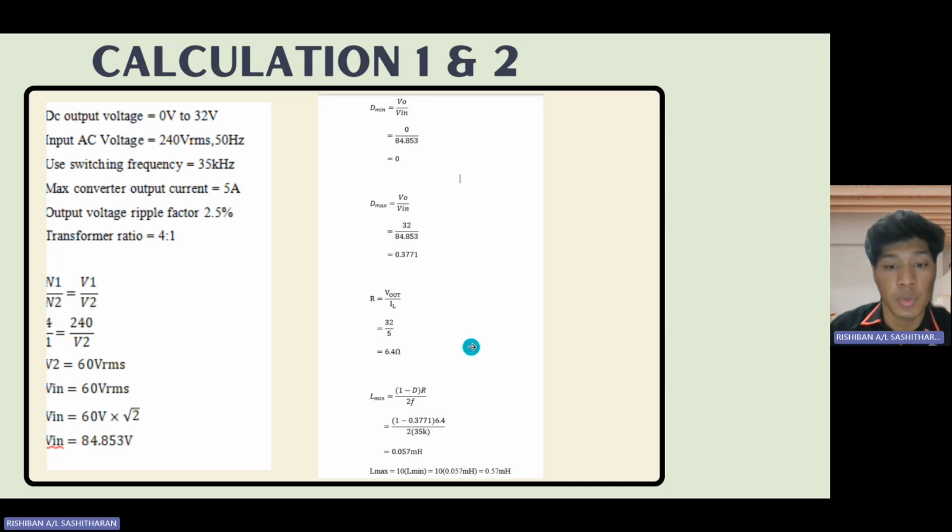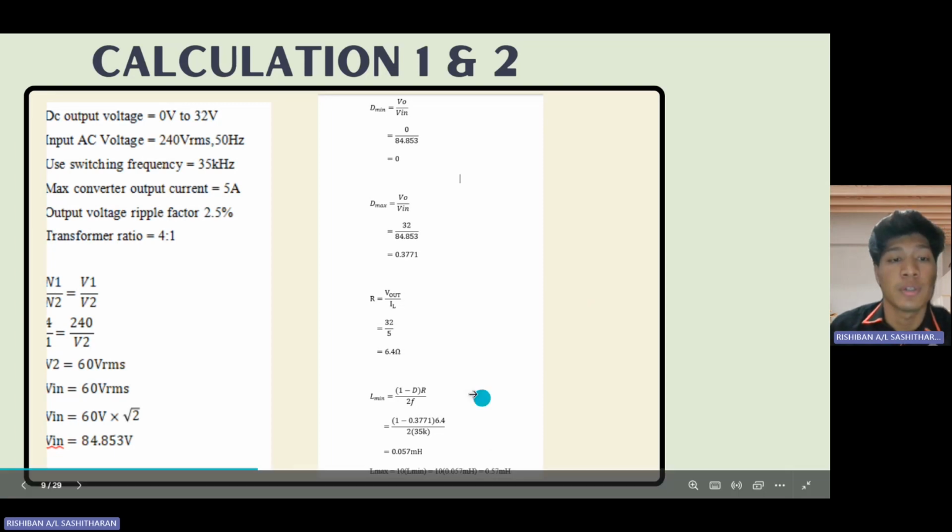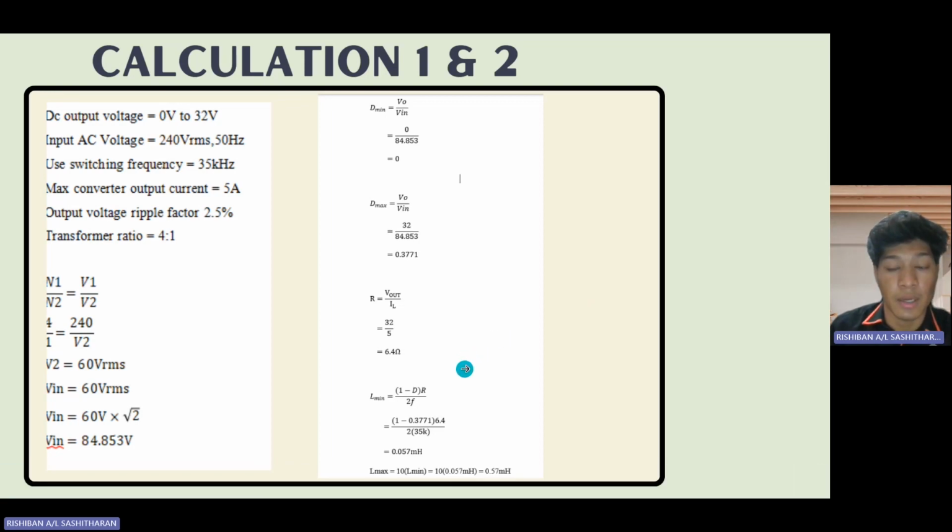As we know, the value of D is 0.3771, R is 6.4, and our value of F is 35K. And then we will get our value of L min is 0.057 millihenry.